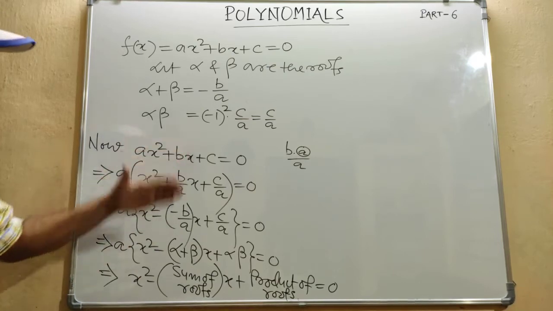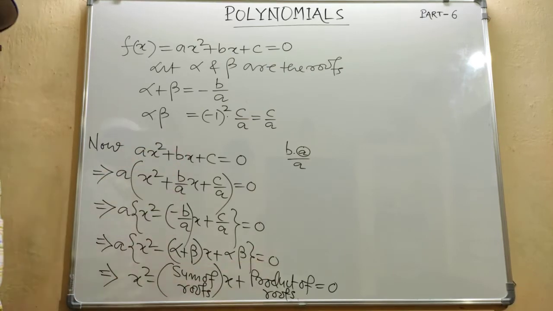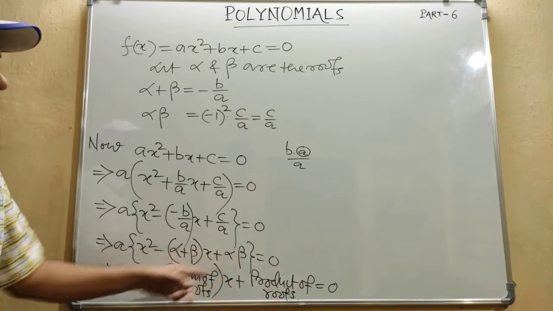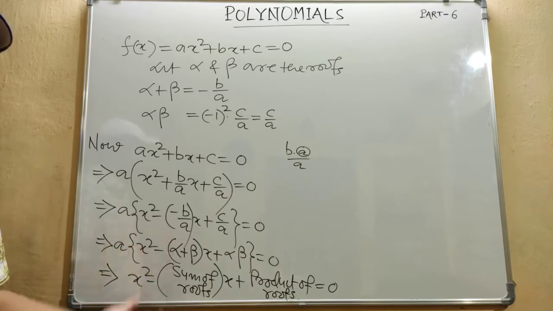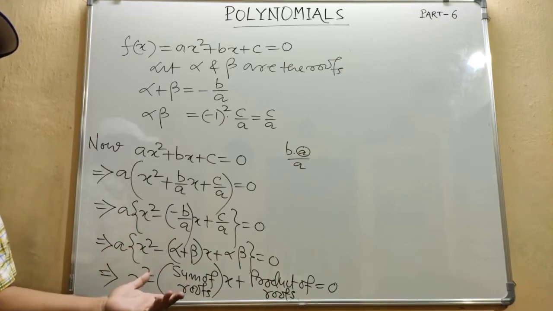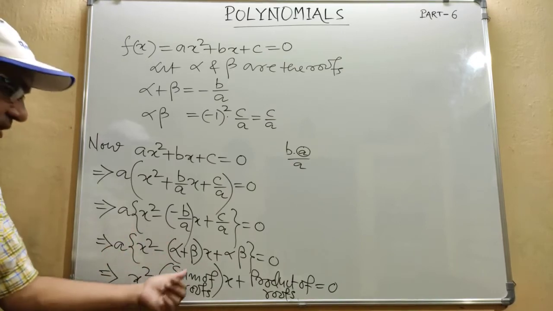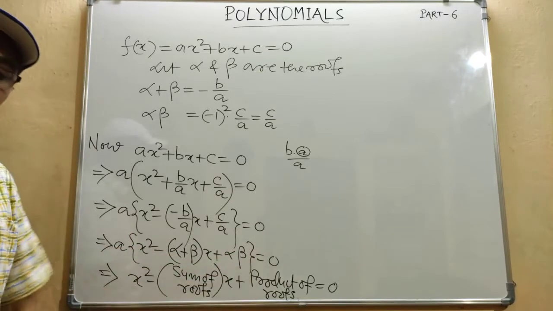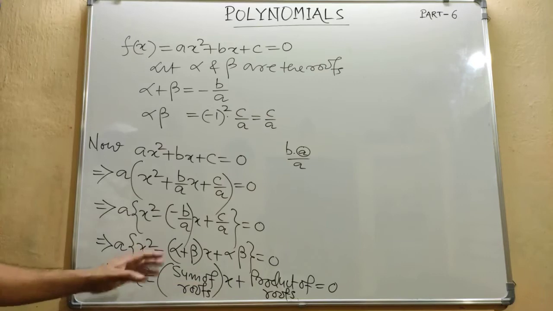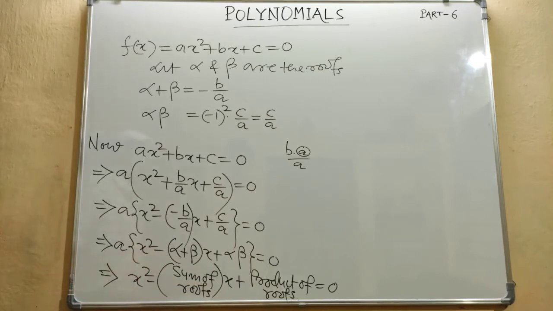A quadratic equation can be written in terms of the sum and product of roots. So by using this, if roots are given, you can write the equation. If roots are given, the sum of roots and product of roots can be found, and then we can write the equation. So this result shows how to write a quadratic equation if its roots are given.